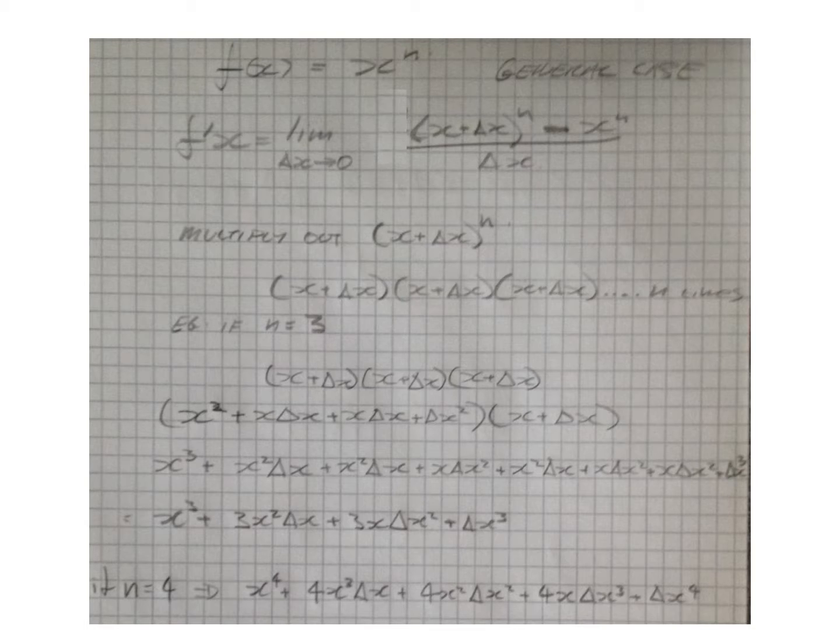And in this bit here, we're still applying the same function, but we're applying it to x plus delta x. So it's going to be x plus delta x raised to the power of n, and then we divide that by delta x.